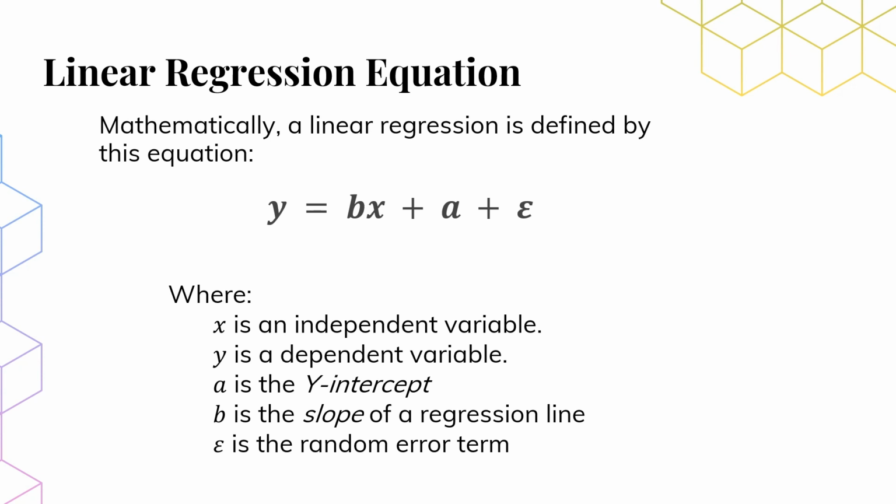While b, the slope of the regression line, refers to the rate of change of y as x changes. And the epsilon or the error term is the difference between the actual value of the dependent variable and its predicted value.